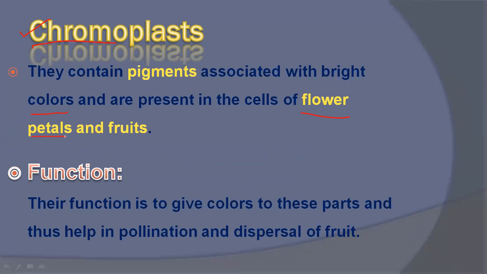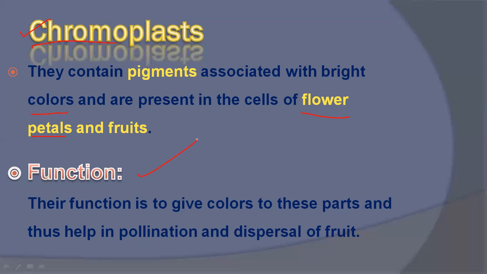They are present in the petals, we know, and because these petals are bright colored, the insects and other organisms are attracted towards the flowers for pollination. What is its function?